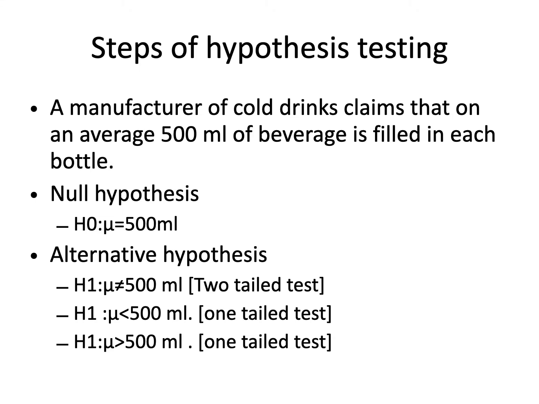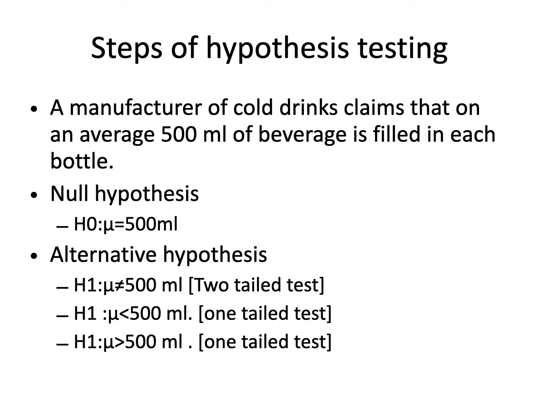Similarly, another hypothesis is where the bottle contains more than 500 ml of the beverage. When the alternative hypothesis has a not equal to sign, then it is a two-tail test, and when it has a less than or greater than sign, then it is a one-tail test.